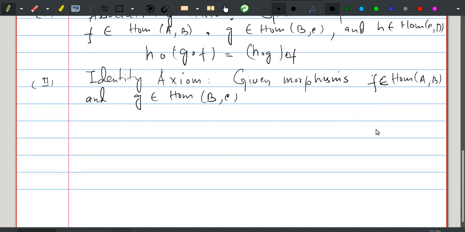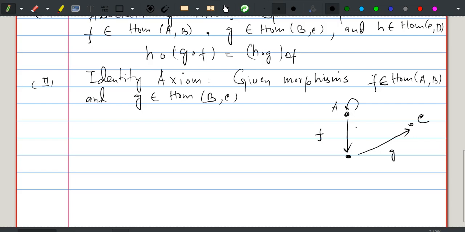So we have these three objects here, A, B and C. So this is the arrow F here, and this is arrow G here. On A we have this identity morphism IA.